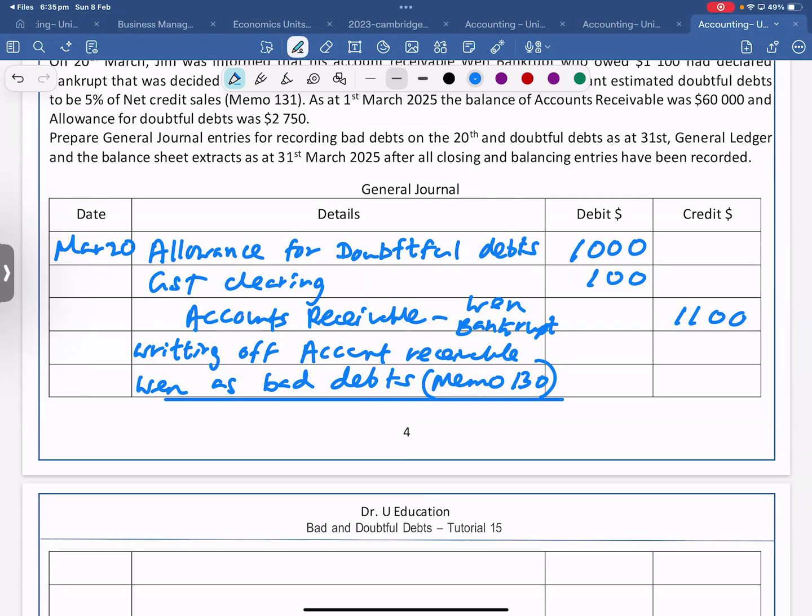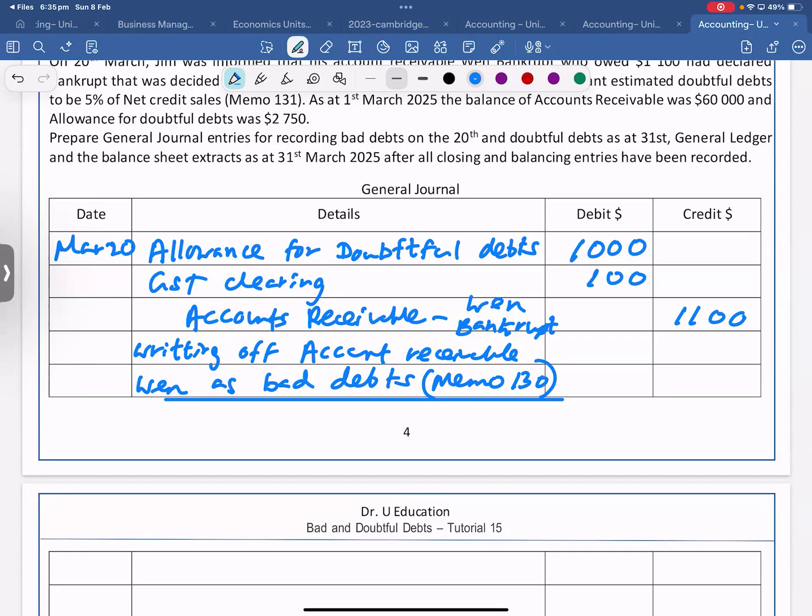This one negative asset decreases, meaning asset increase. And then another account receivable, an asset, is decreased. So overall assets decrease by how much? Not GST.